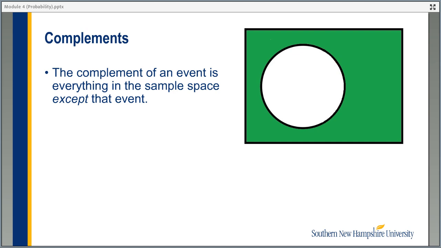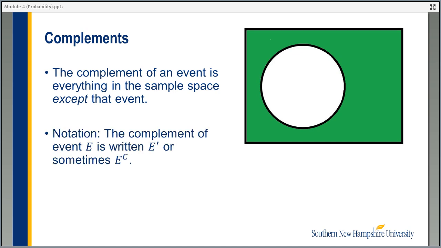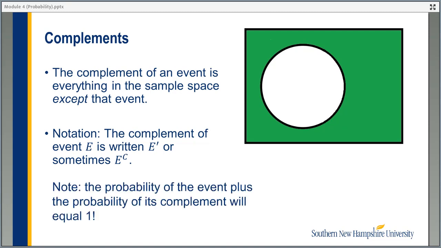To write the complement of an event E, we will either write E with an apostrophe or E raised to the C. That's the notation we would use. An important note is that the probability of an event plus the probability of its complement will equal 1.